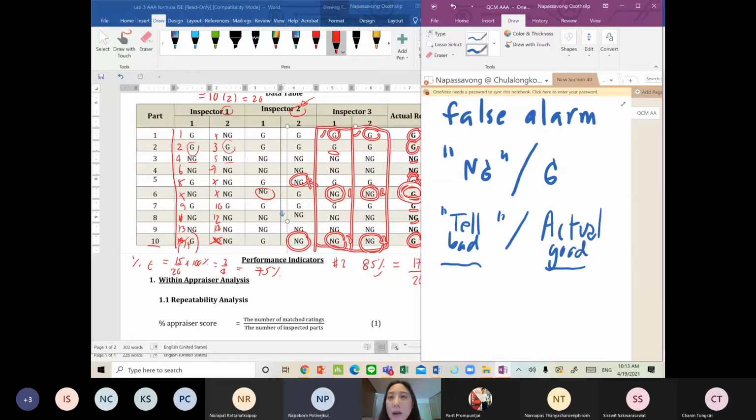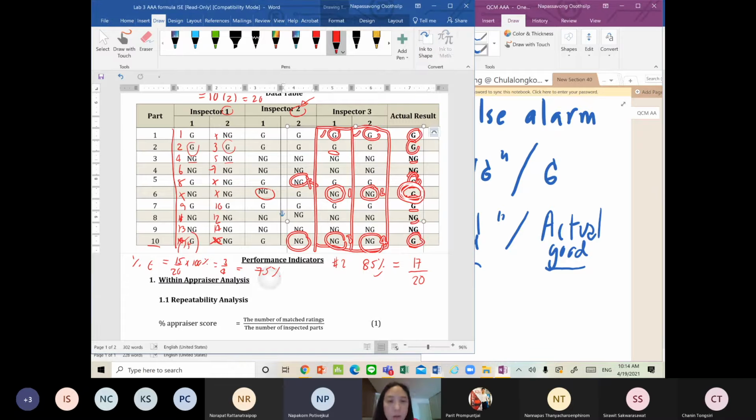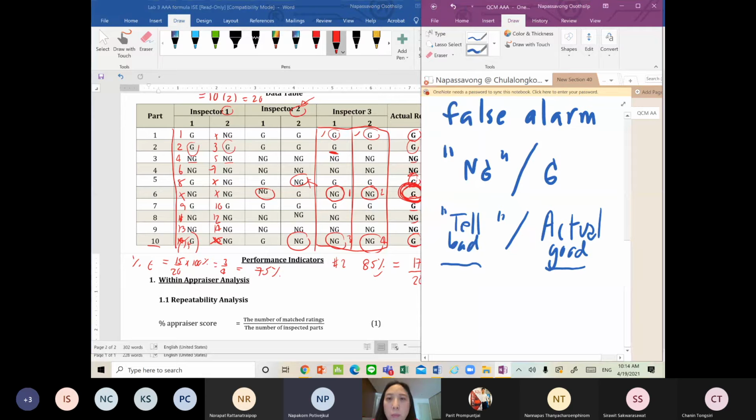It should be acceptable, but that operator thinks that defect is unacceptable, so he judged that that part is bad, okay? So if you are a supervisor or engineer, okay, you meet with this situation, so what will you do?